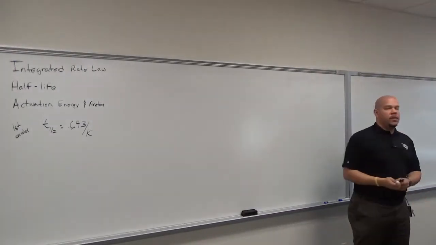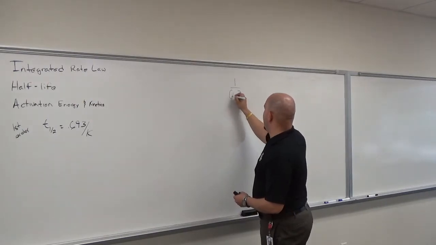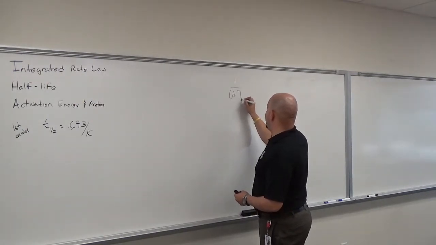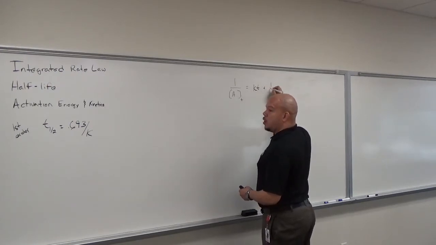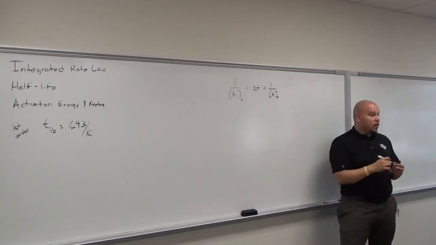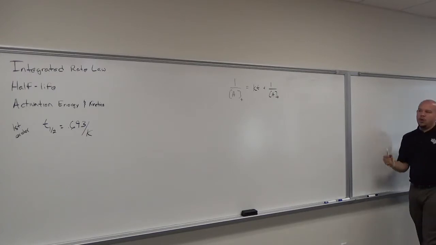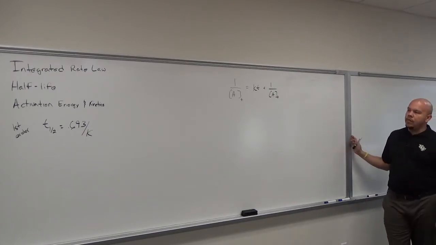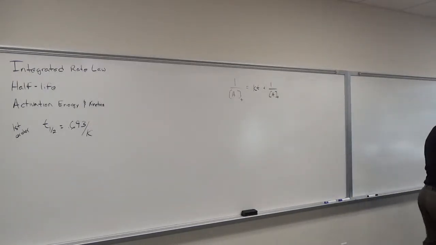So we're dealing with 1 over concentration of A at time t is equal to kt plus 1 over concentration of A at the start. Y equals mx plus b. Very similar, only difference here is we're not dealing with natural log anymore. We're dealing with 1 over.